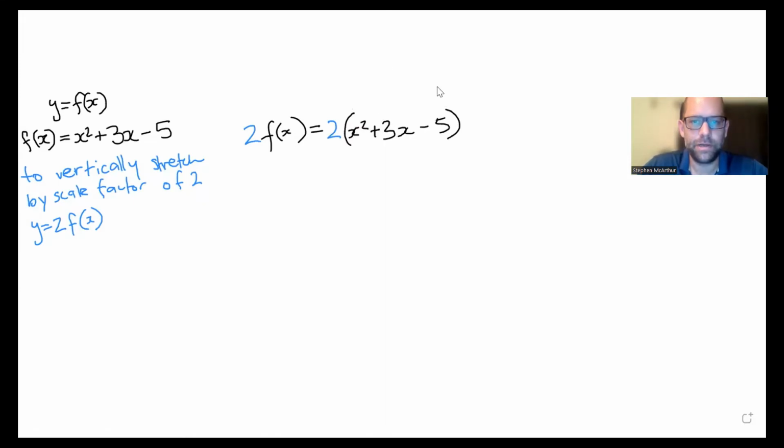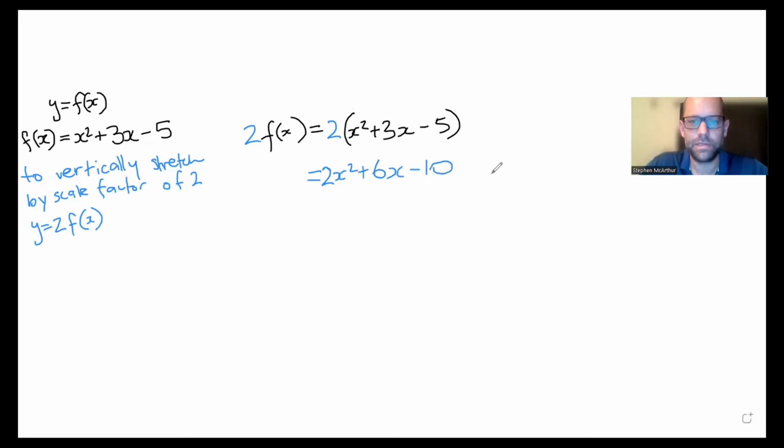So all I've got to do here is multiply everything by 2. x squared plus 6x minus 10.